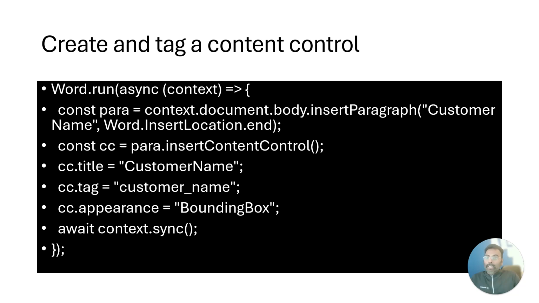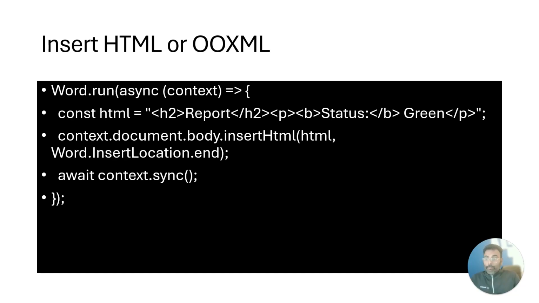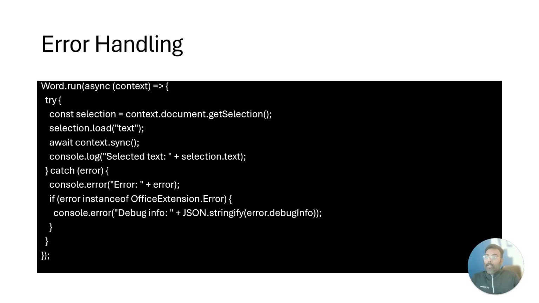Similarly, if you want to tag a content control, the code is on your screen. If you want to insert HTML, this is how you do it. For error handling, you can use the classic try and catch block, right? There is something known as OfficeExtension.Error. It will give you the debug info. You can use that as well.